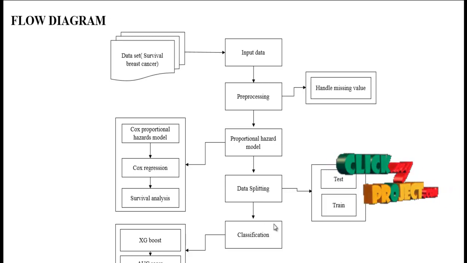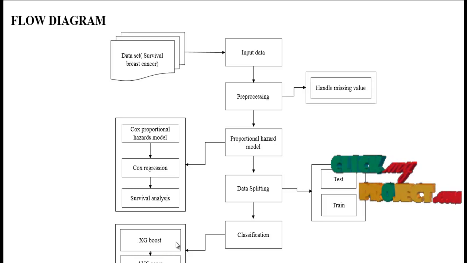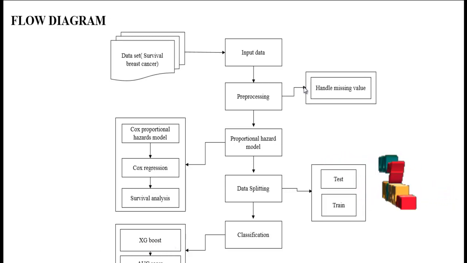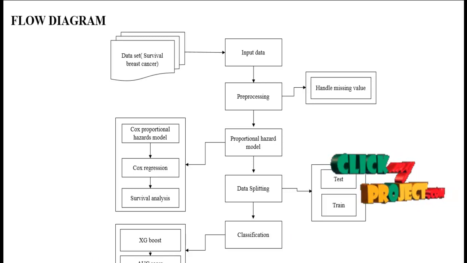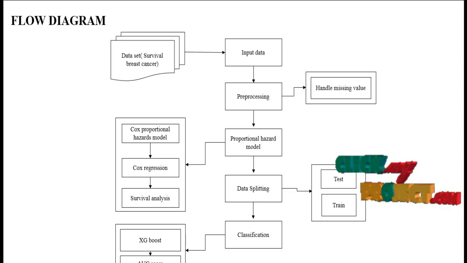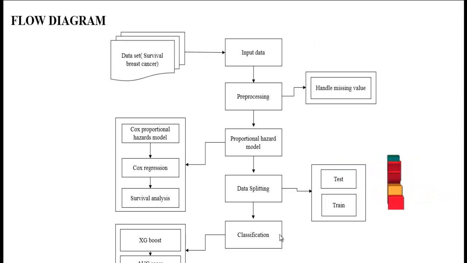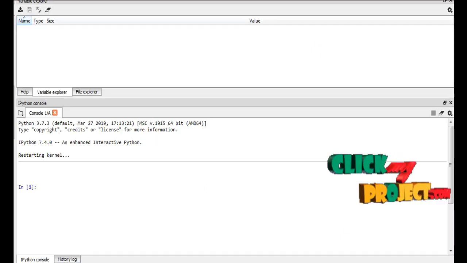Under classification we implement the XGBoost algorithm. By using this algorithm we find some performance metrics like the AU score, that is the accuracy value of overall prediction. Then we find the mean value, standard value, and some visualization. Okay, this is the flow of our process.